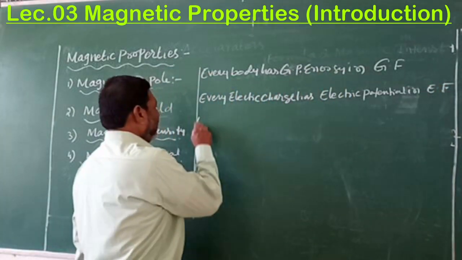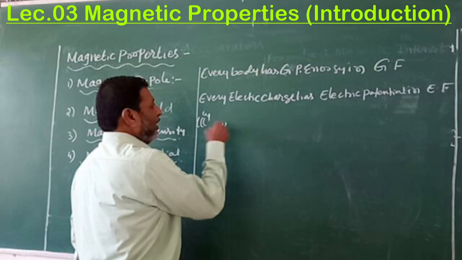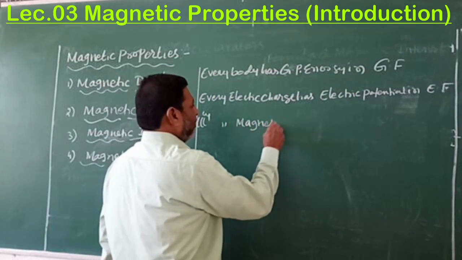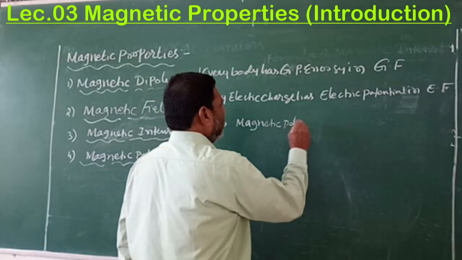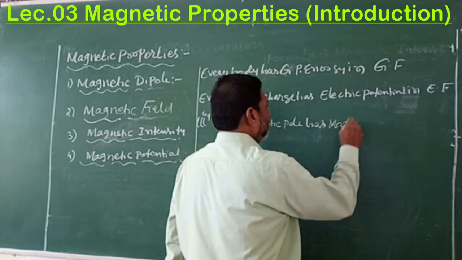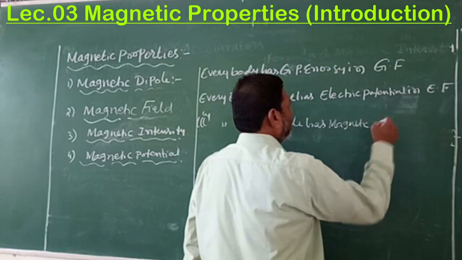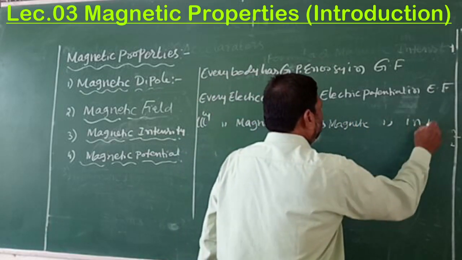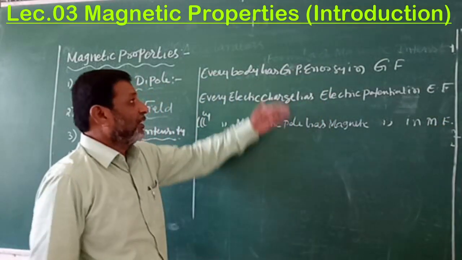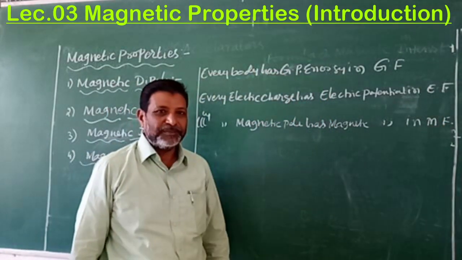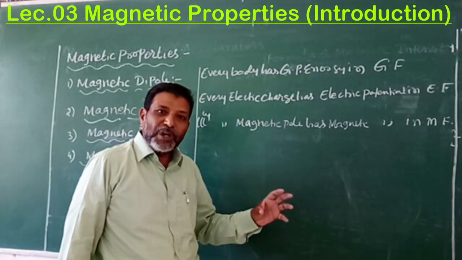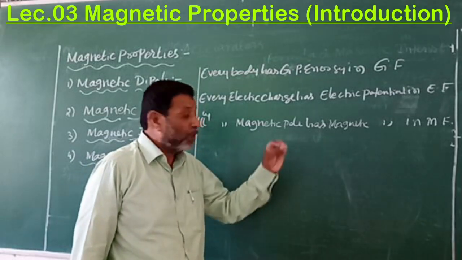Similarly, every magnetic pole has magnetic potential in the magnetic field. This is what we understand. In every magnetic field, a magnetic pole has magnetic potential.